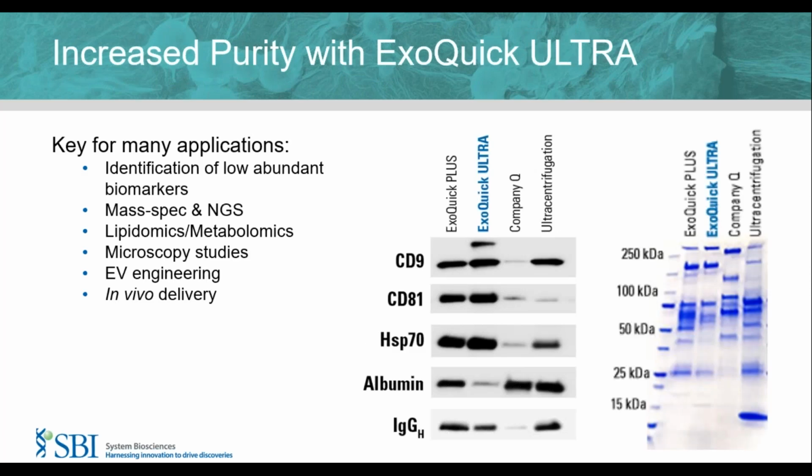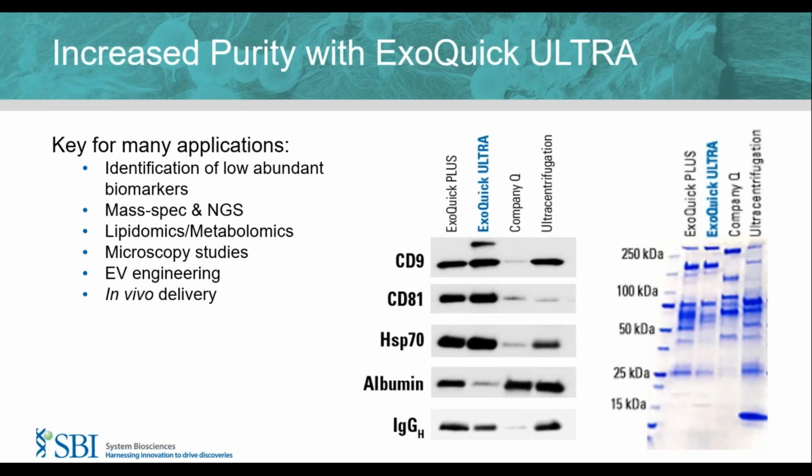With ExoQuick Ultra, we have managed to significantly reduce the amount of albumin and IgGs, as you can see in this Western blot for exosomal markers like CD9, CD81, and HSP70.